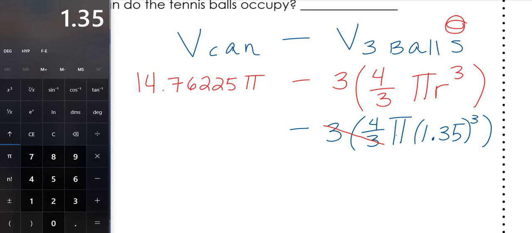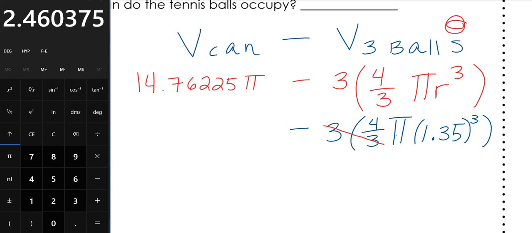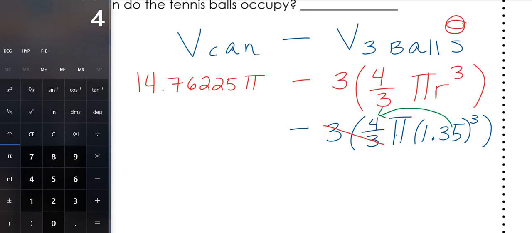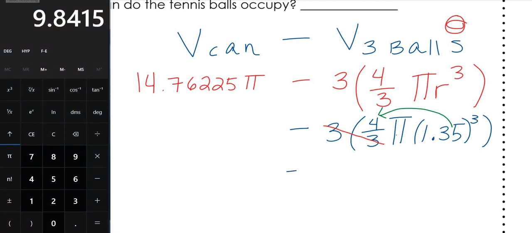So 1.35 cubed is 2.460375. I need to multiply that by 4. Okay, don't forget about the 4. So times 4 equals 9.8415 pi.